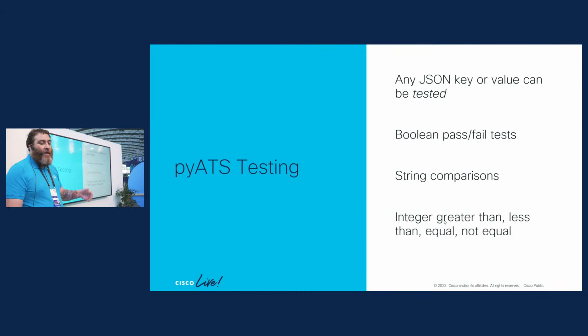And we can test integers as well, greater than, less than. What I like to do with the integers is set up a threshold, right? So there's a ping reachability test with pyATS where it will give you the ping results in JSON with a minimum, maximum, average round time and success rate. So what I usually would do is say, you know, the ping percentage success rate threshold is 100.